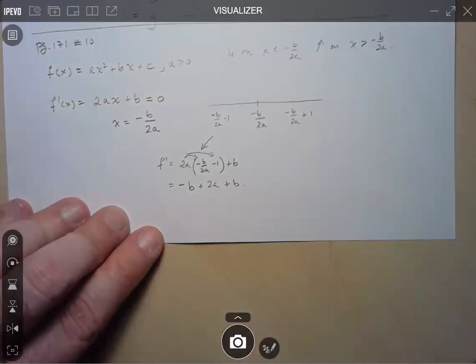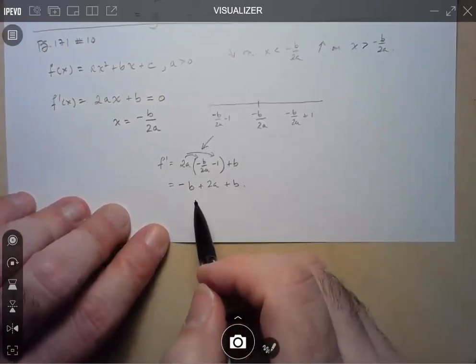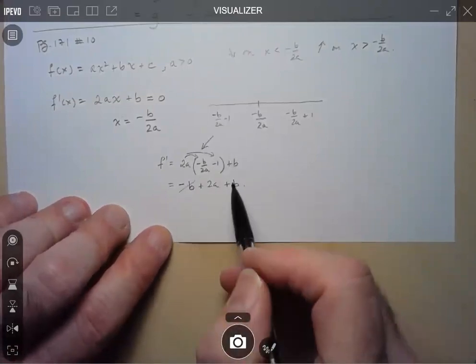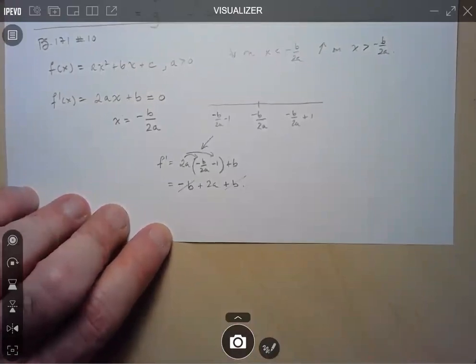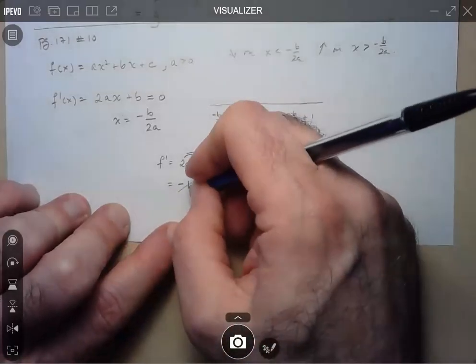And so what we have is that. What happens here? Look at that. The negative b and the b cancel out. Oh, wait. Is somebody going to spot my mistake here? Come on, folks. Why did nobody spot my mistake? Yes, come on. This is going to be minus 2a. Okay.